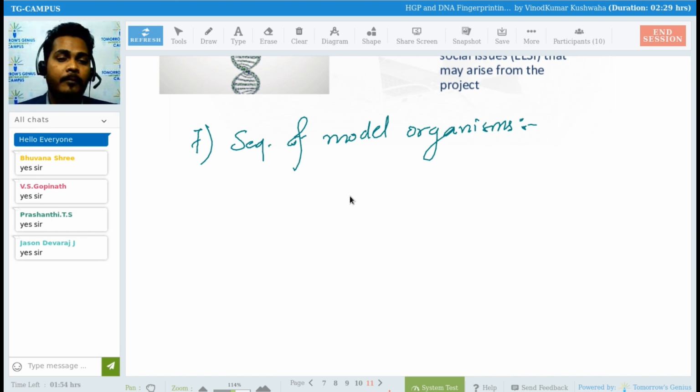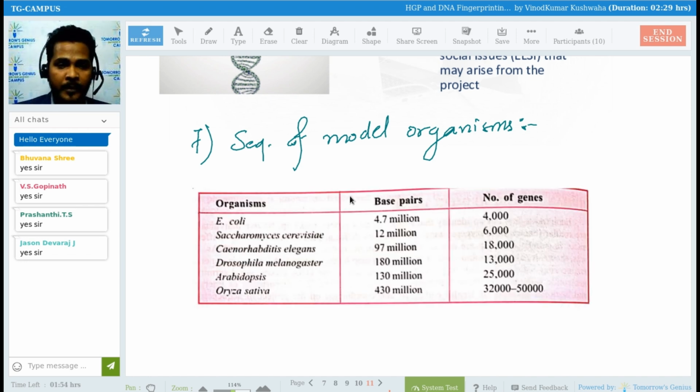So many non-human organisms are involved in these model organisms. What are those? Let me bring you one simple list so that you can remember the model organisms' names, their base pairs, and the number of genes. These are the names of the organisms which you need to remember. This is the list of non-human model organisms.